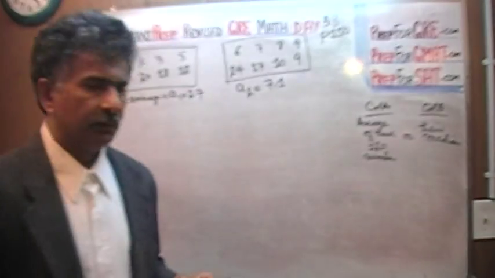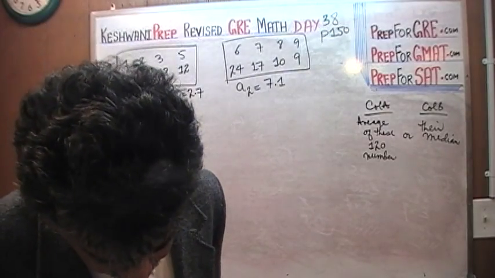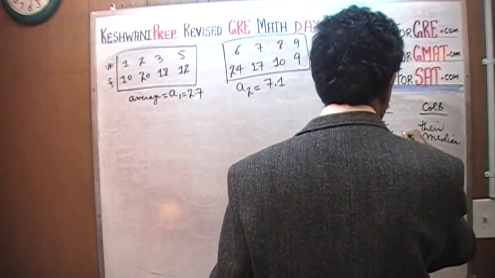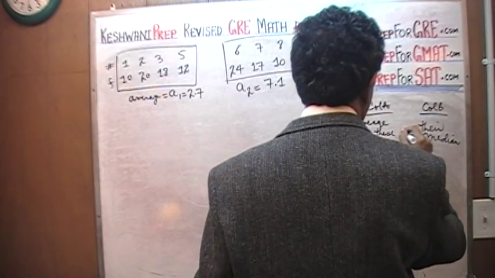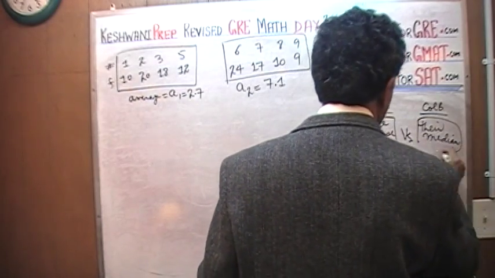Which one is bigger? The median of the 120 numbers. So it's the average of these 120 numbers versus their median.